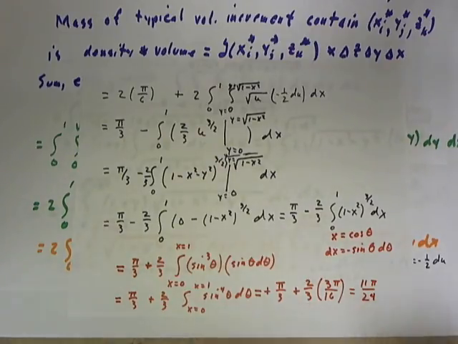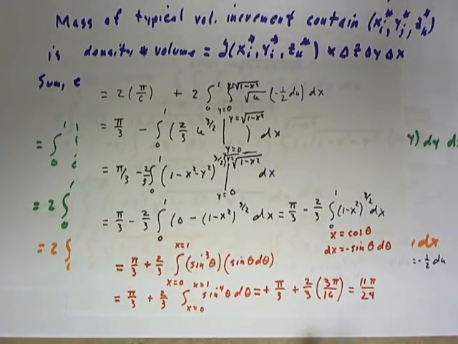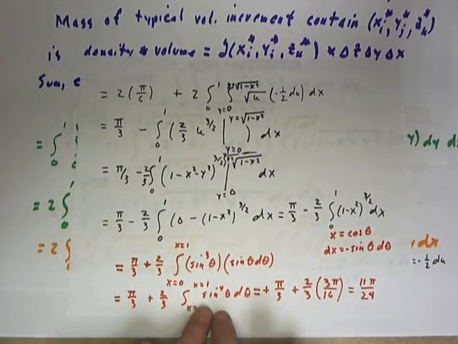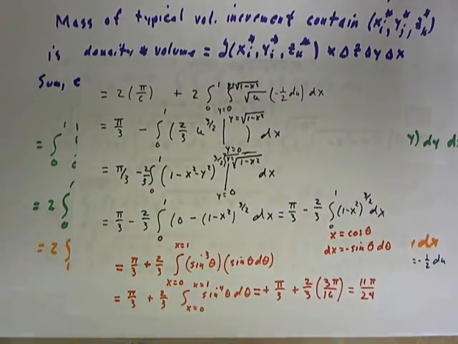Let me check my arithmetic on that, but I believe that's correct. Now I'll go through the details of integrating the sine to the 4th on another clip. But first, let's just check to see if this result makes sense.